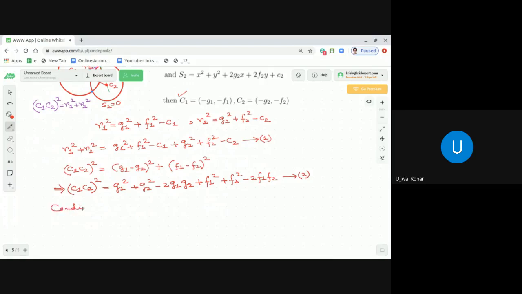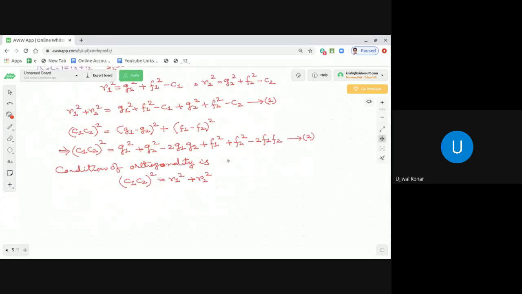Now from equation 2 we get G1 square plus G2 square minus 2G1 into G2 plus F1 square plus F2 square minus 2 F1 into F2, that is equal to R1 square plus R2 square.